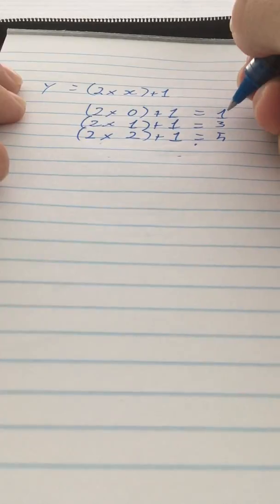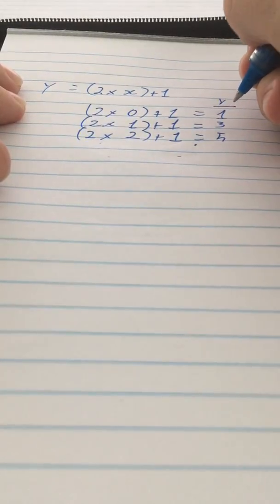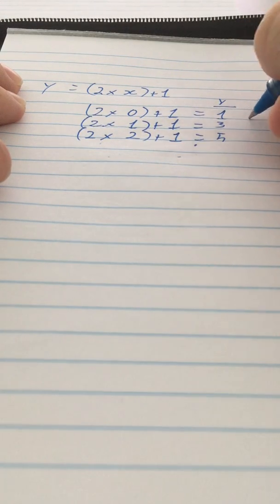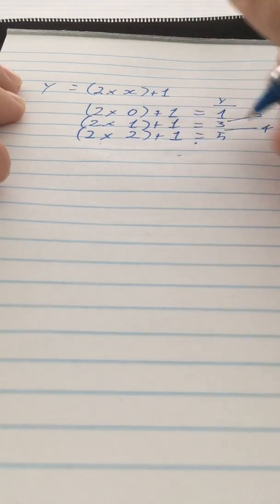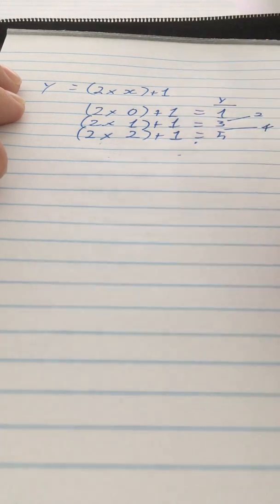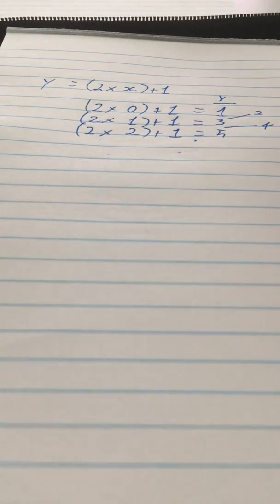Now, if you keep looking at our y outputs, we can see that we're missing some numbers. We're missing a 2, and we're also missing a 4. If we keep going on, we'll see that you'll be missing more and more numbers. This is starting to look a bit like an injective function.